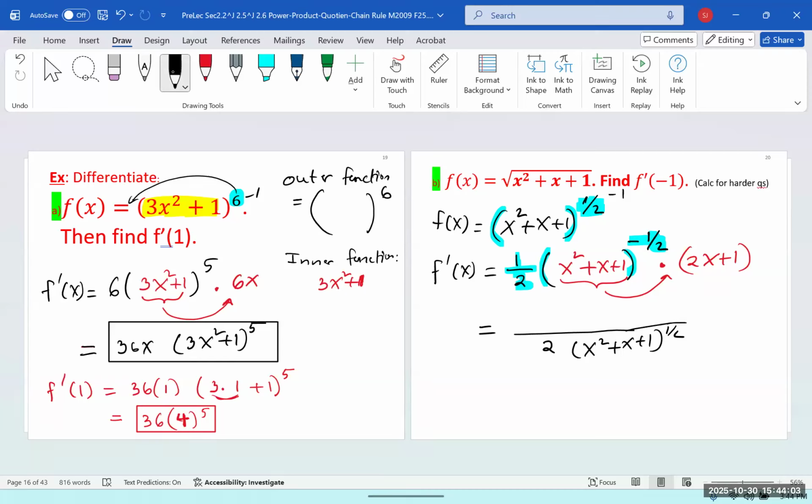But 1/2 we can read as a square root, so we can actually write square root instead of 1/2. And we have 2x plus 1, this thing, on the numerator. You find the inside only, so it's positive 2x plus 1. So this is the derivative.